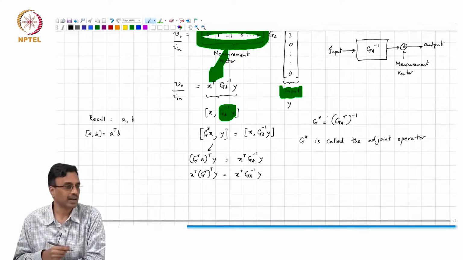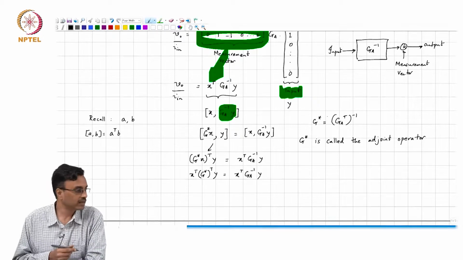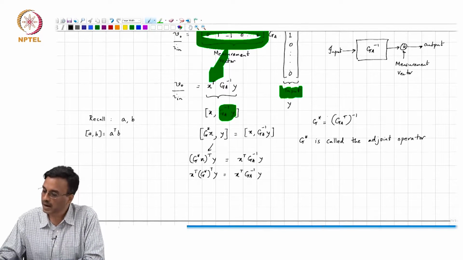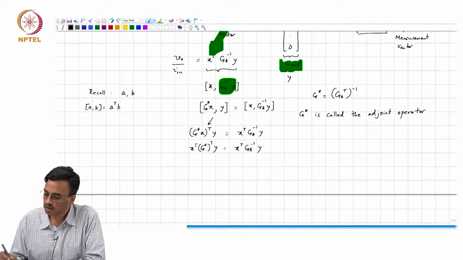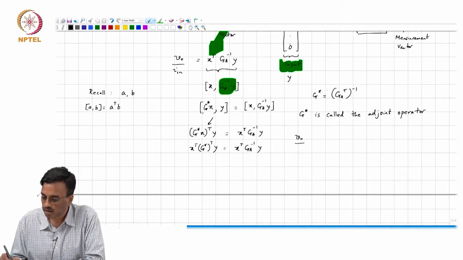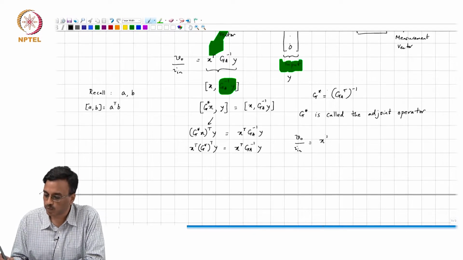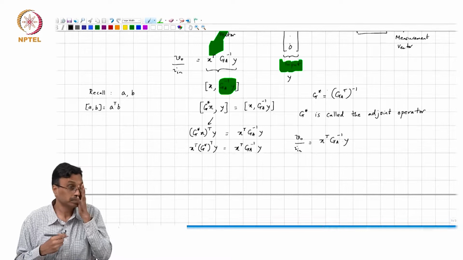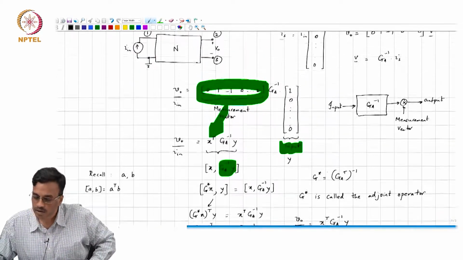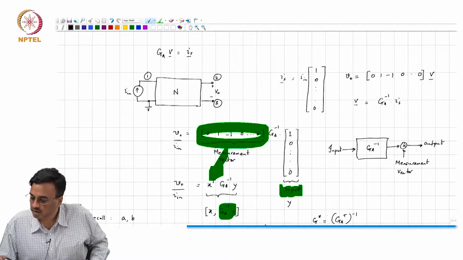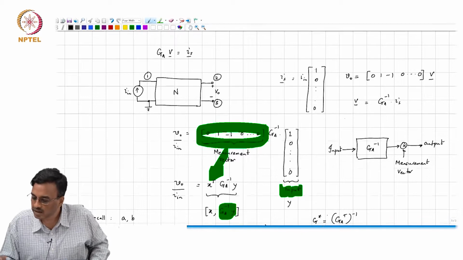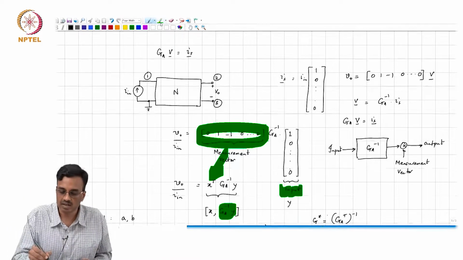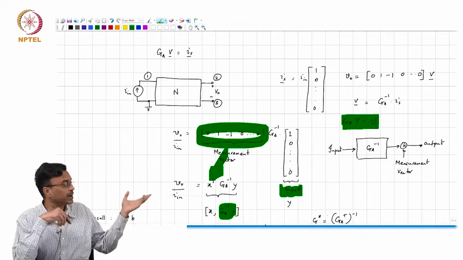If we want the same transfer function, another way of interpreting this is to say, well, V out by I in we know is X transpose GA inverse times Y. Remember, when you write an expression GA times V equals IS, this is mathematically a set of equations, but how would you interpret this?